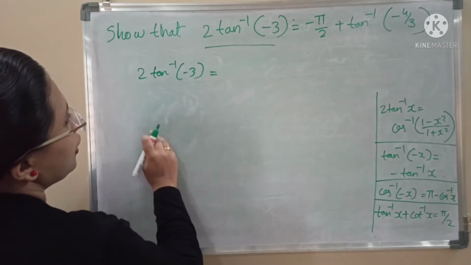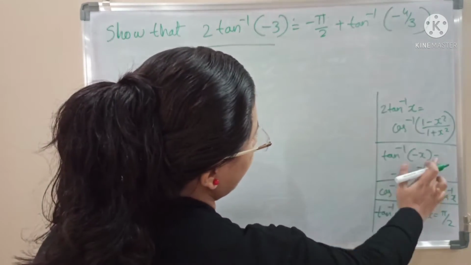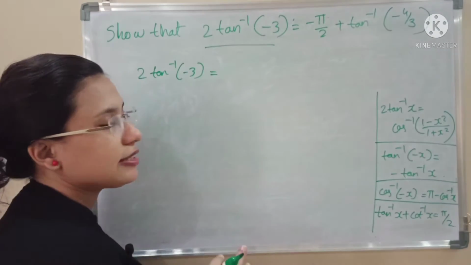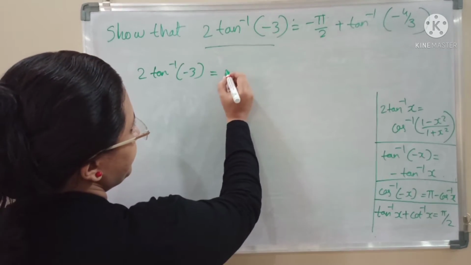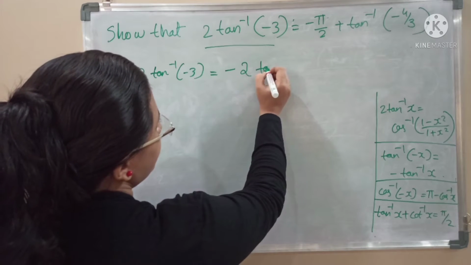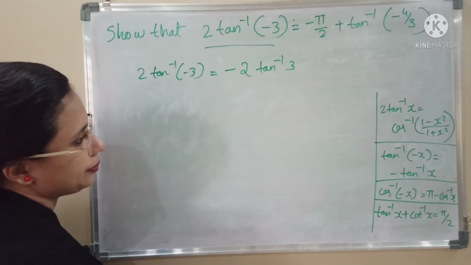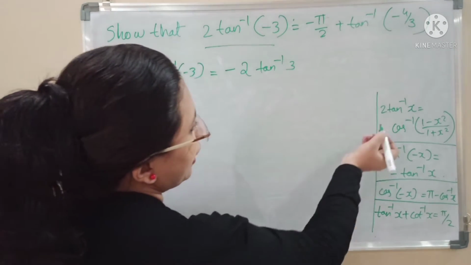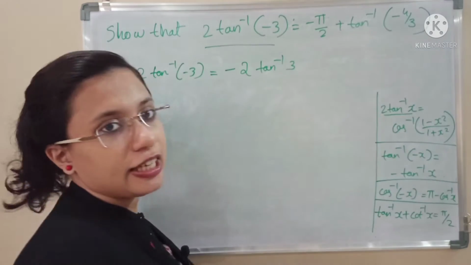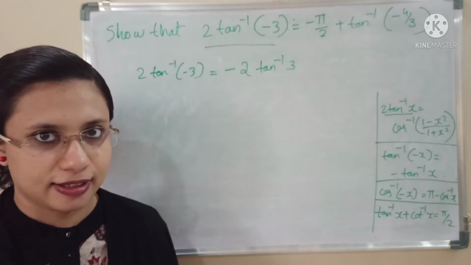Tan inverse of minus x is what? Tan inverse of minus x is minus tan inverse x. So minus 2 tan inverse 3.